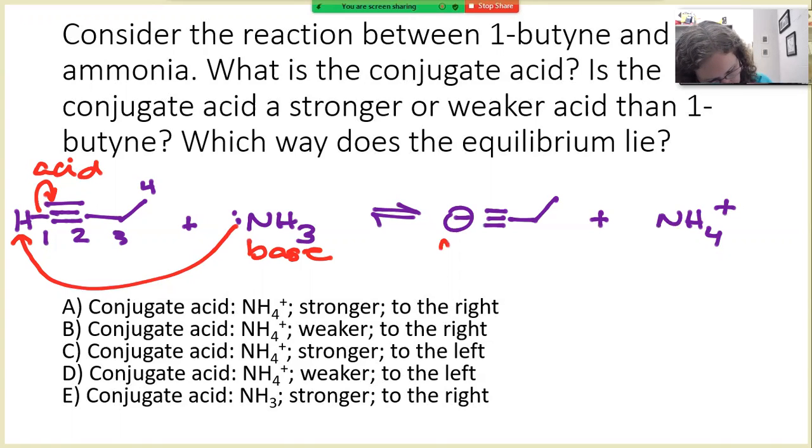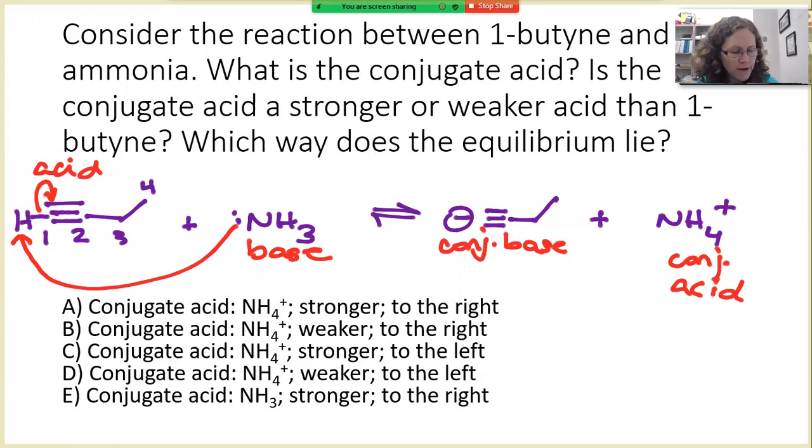The acid becomes the conjugate base, and the base becomes the conjugate acid. So we've got a lot of our questions answered here with just thinking about what is the equilibrium, what's the conjugate base, what's the conjugate acid. Now we need to think about which way does the equilibrium lie.